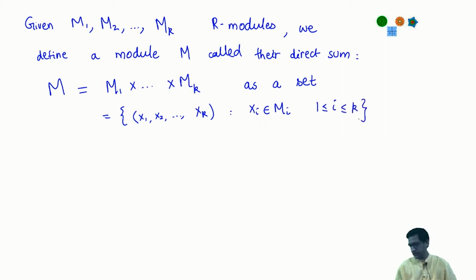We also need to specify how this becomes an R-module. This becomes a module via componentwise addition and scalar multiplication.